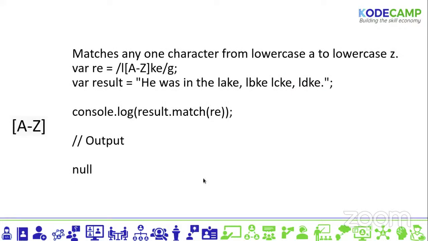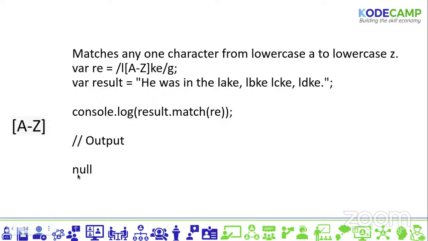Then you can search for, oh, I said lowercase. This is supposed to be uppercase. So you can match characters that are uppercase. For example, here you say A to Z and they are in capital. If we search for that here, we don't have any output.